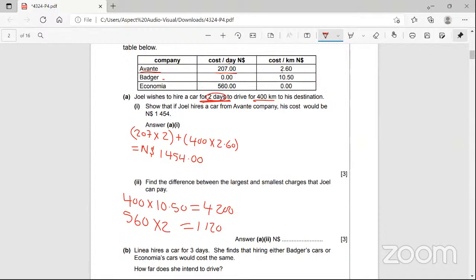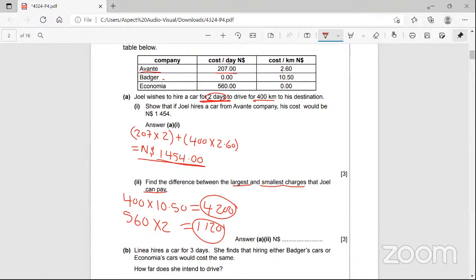1,120. Now, because they say find the difference between the largest and the smallest charges that Joel can pay, which company gives the largest? It's the second one, which is the maximum, and the minimum is the one for Economia. This one is the median.